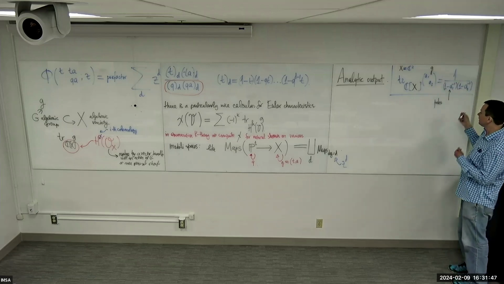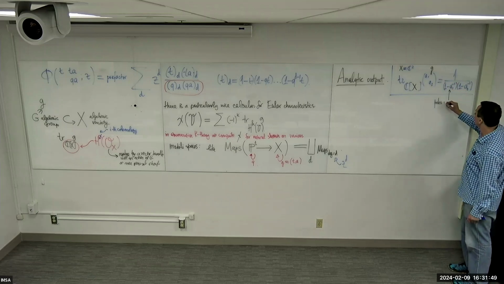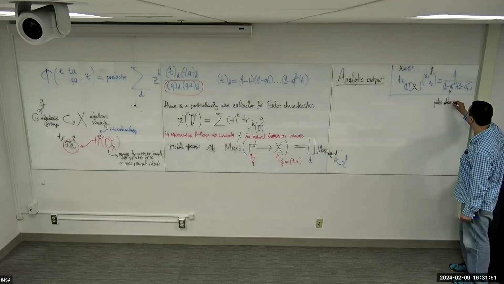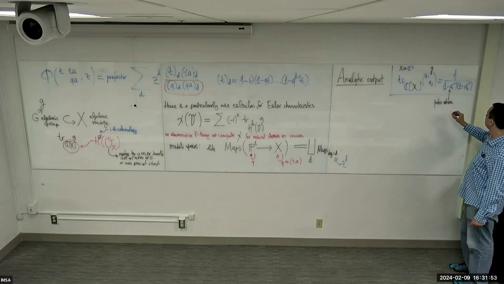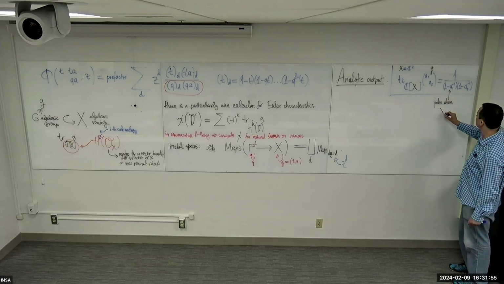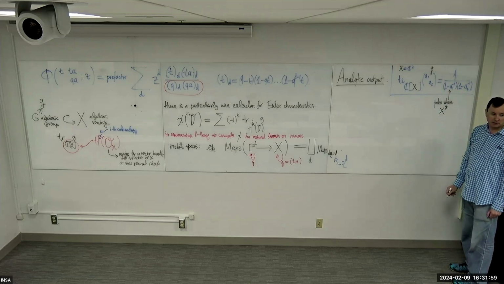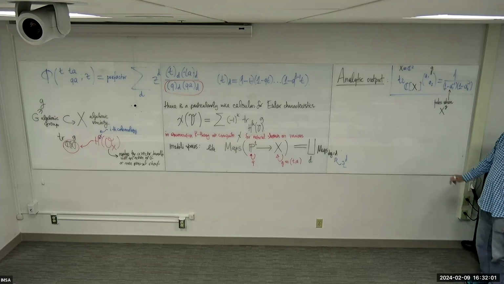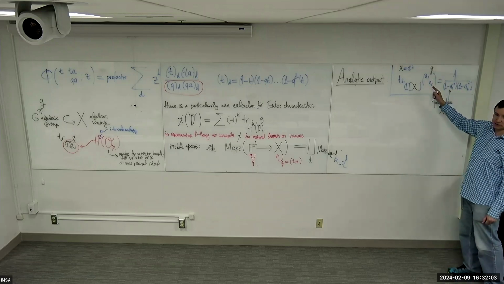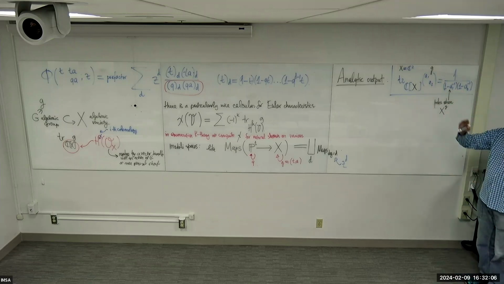The way to say it is, when does it have poles? When I look at the fixed locus of my transformation. If one of these eigenvalues is 1, then the fixed locus is either all of X or one of the axes of X.